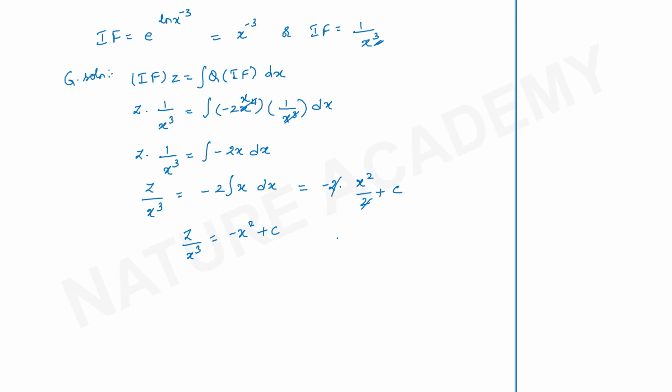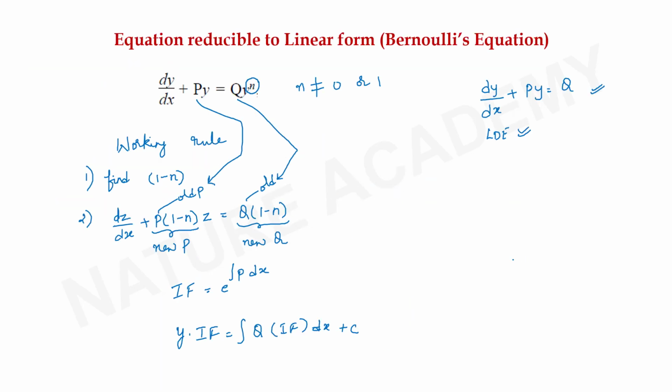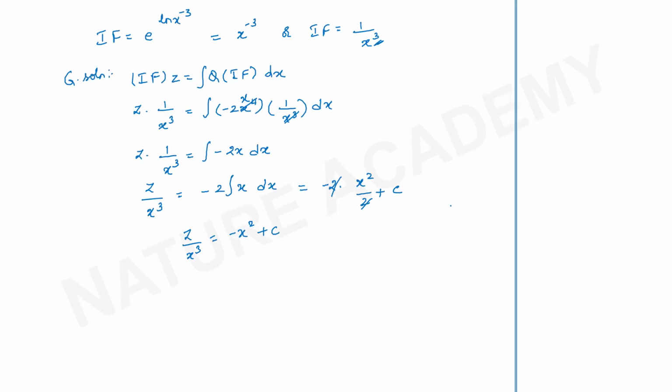So let's include this step in the working rule. It will be easy for us. So the third step in the working rule will be: put z is equal to y raised to 1 minus n. Now put back this z is equal to 1 by y cube, because see here our n was 4 and 1 minus n was minus 3.